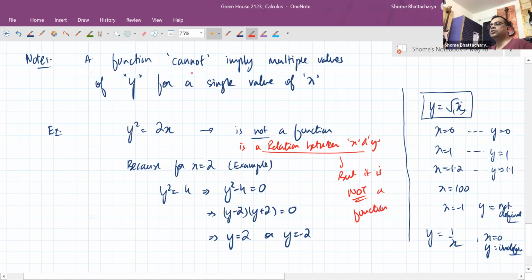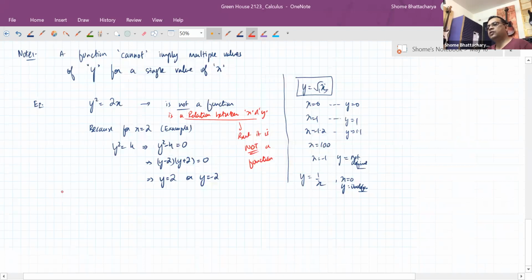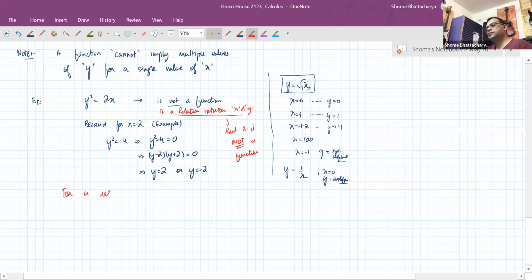Now, why is it not a function? Because a single value of x must give a unique value of y. So for a relation to be a function, a single value of x must imply a unique value of y.